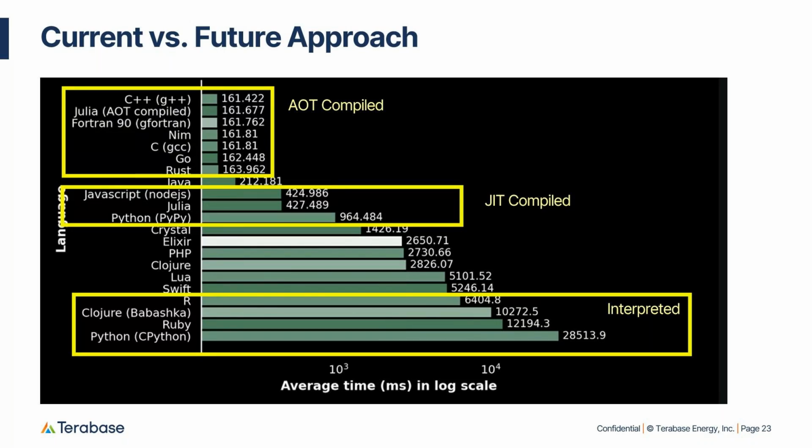So there's some amount of time penalty you pay when you use a JIT compiled program compared to an AOT compiled program. And then most people here are probably familiar with Python, which is an interpreted language, and interpreted languages basically compile line by line. And that's obviously the worst in terms of speed, but it's great for flexibility in writing scripts.